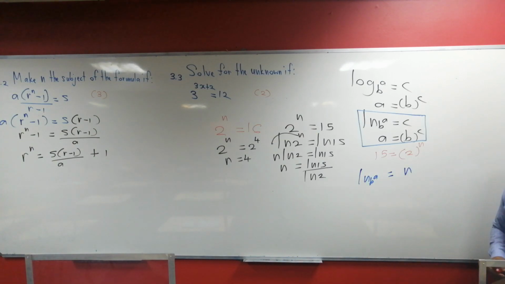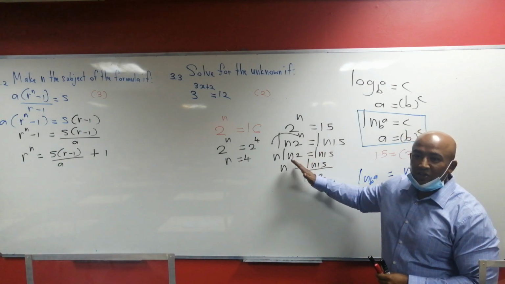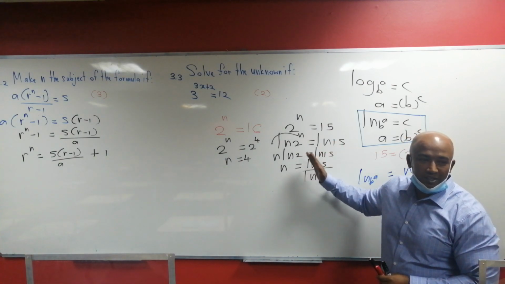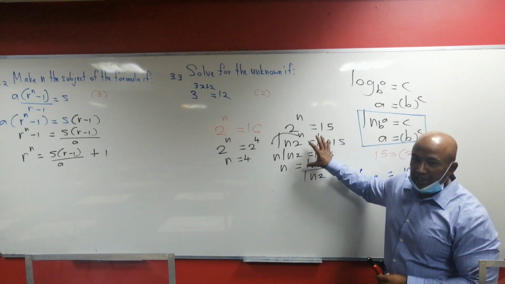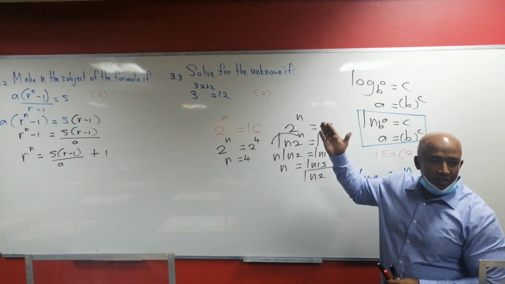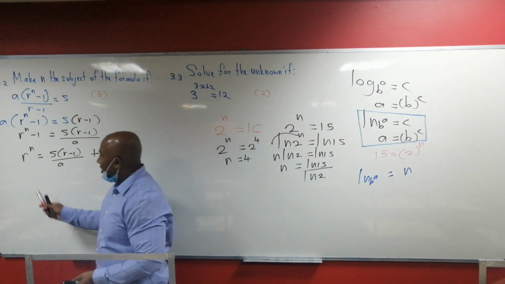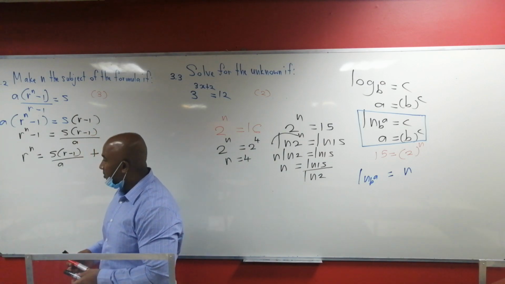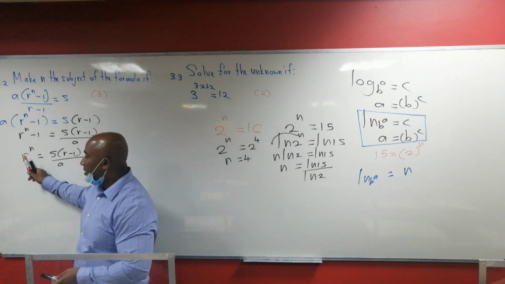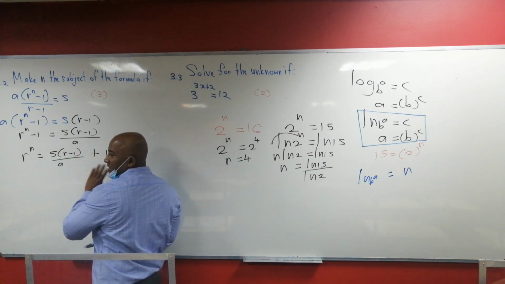You can do it in one step, but I prefer that you learn the log laws and learn how to introduce ln, because in N5 you're going to be dealing with much more complicated examples, where you have to introduce ln and apply your log laws. So let's do it here. The bases are not the same. What is the base on the left hand side? The base on the left hand side is r. The base on the right hand side is everything here.